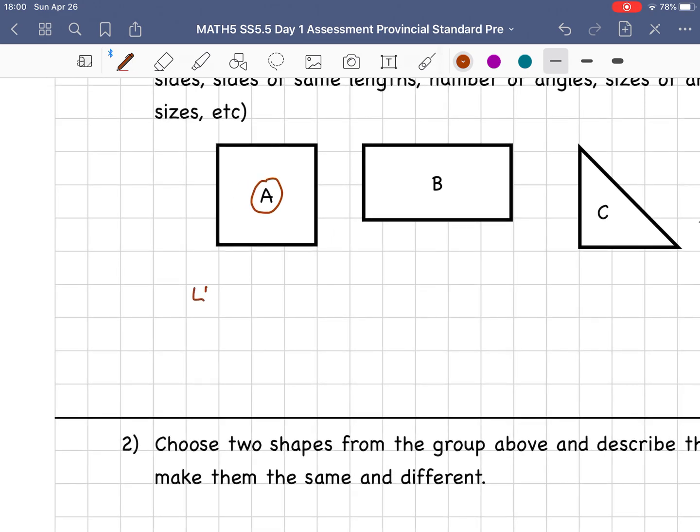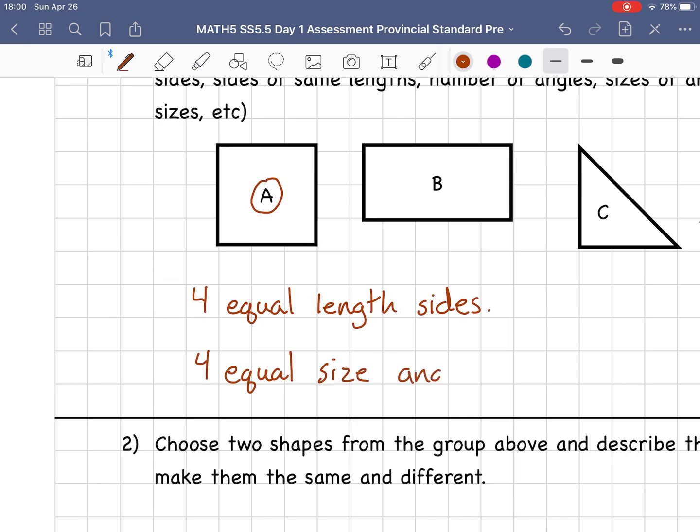So its attributes. It has 4 equal length sides. It has 4 equal size angles.